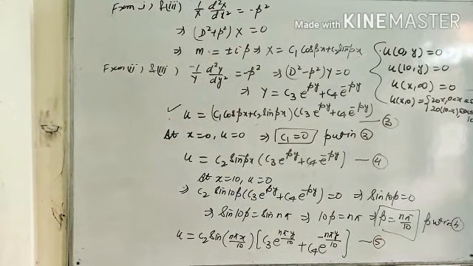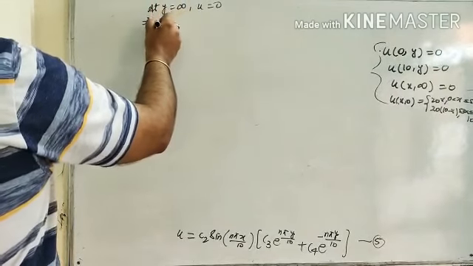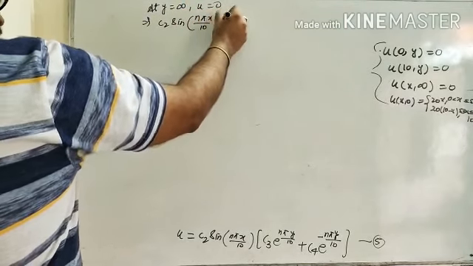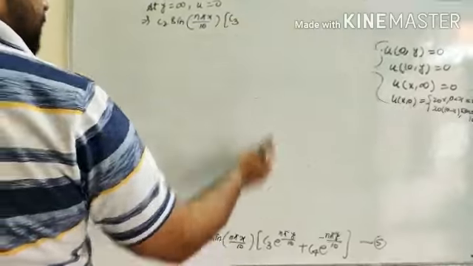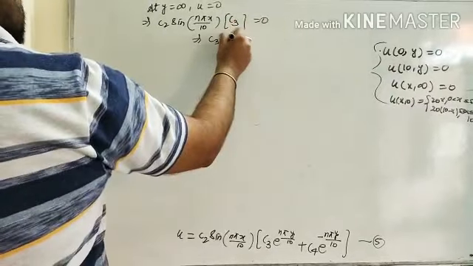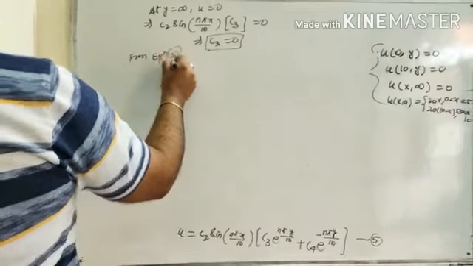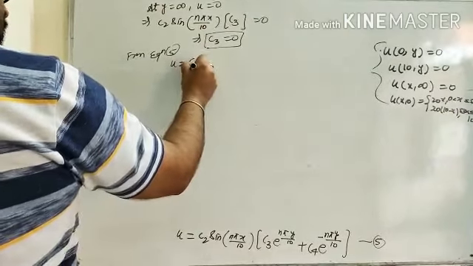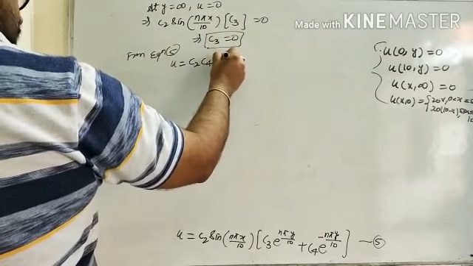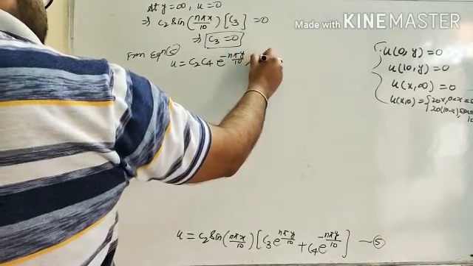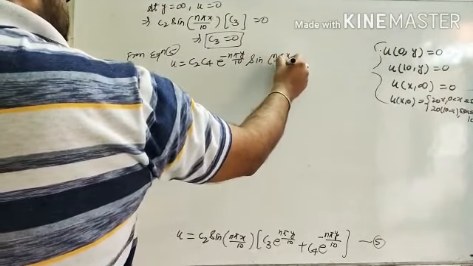Now we have to use the third boundary condition, that is at y equals to infinity, u equals to 0. It implies C2 sin n pi x by 10 C3 is equal to 0, so C3 is equal to 0. So from equation number 5, u equals C2 C4 e raised to power minus n pi y by 10 sin n pi x by 10.